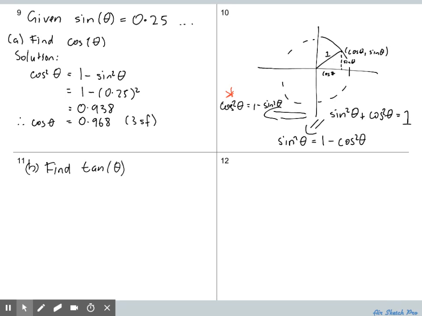So as a paper one question, a calculator free question, your numbers would be a lot simpler than that. Or alternatively, you wouldn't be asked to use the Pythagorean identity, that's sine squared plus cos squared equals 1. It would be some other kind of related problem. But this idea of given sine theta equals a number, find something else, is a pretty common paper one question.